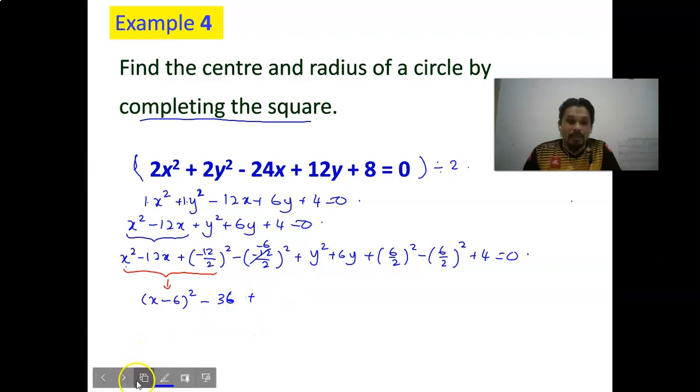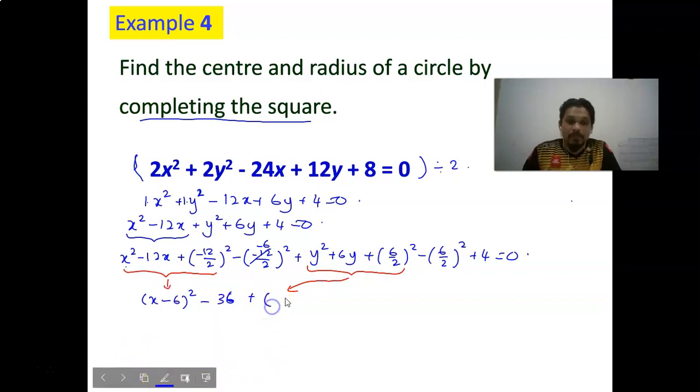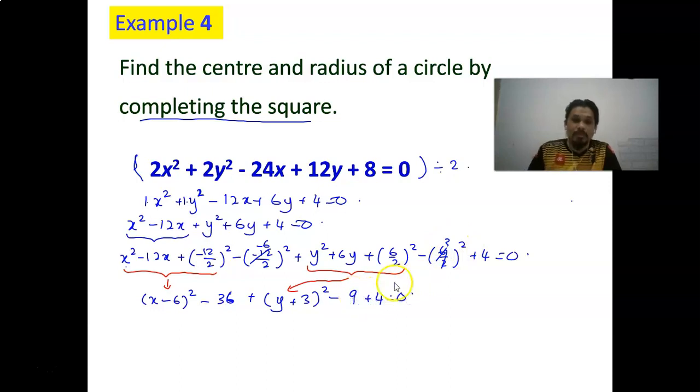Then next, these three parts here: y plus 6 divided by 2 equal to 3, squared, minus (6 divided by 2 equal to 3) squared, equal to 9, plus 4 equal to 0.